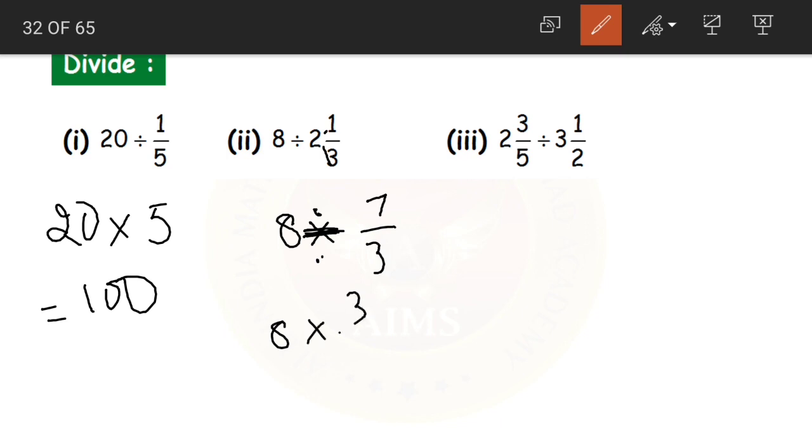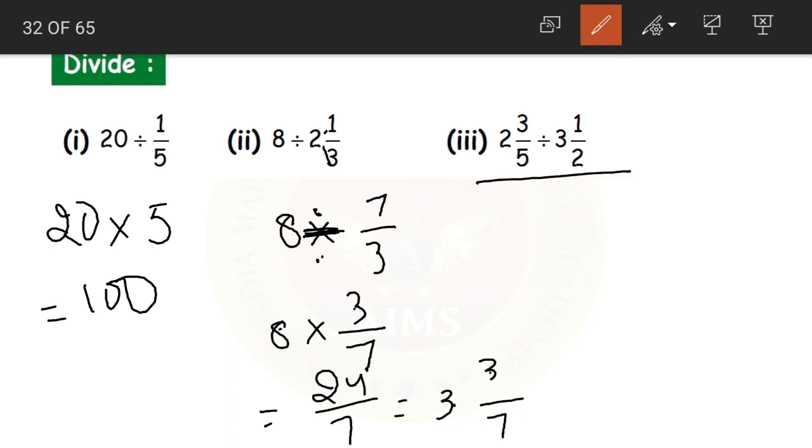So 8 into 3 by 7. It becomes 3 8s are 24 by 7, or in terms of mixed number it becomes 3 3 by 7. 3 7s are 21 plus 3 becomes 24. So 3 3 by 7 becomes our answer here.